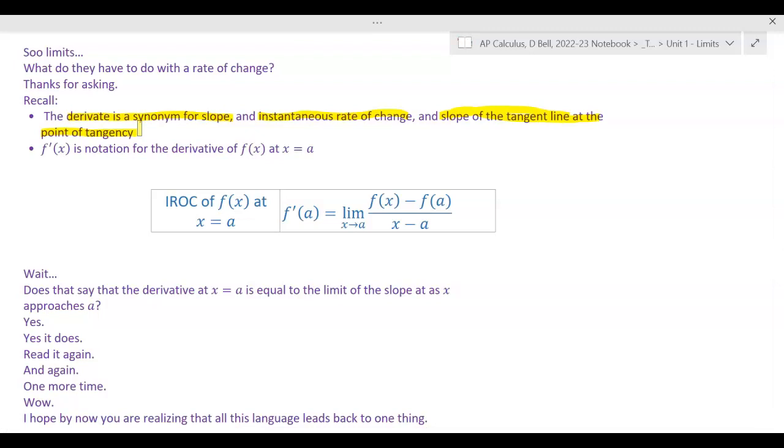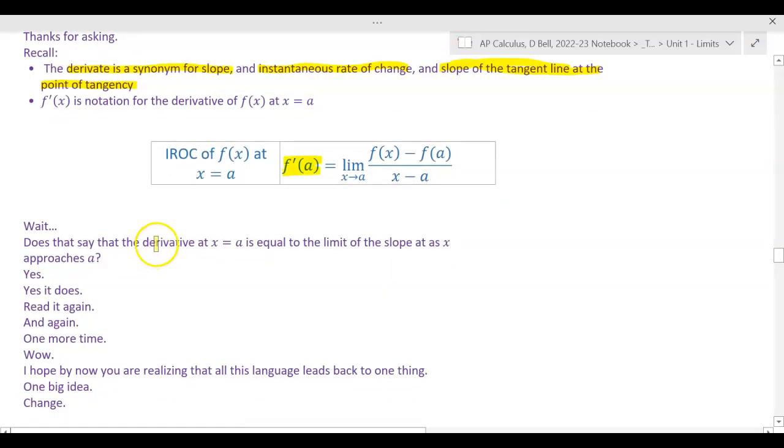So if we connect the two, remember the instantaneous rate of change of f of x at x equals a. So the instantaneous rate of change is the derivative at one point, so f prime of a is equal to the limit of f of x minus f of a over x minus a as x approaches a.